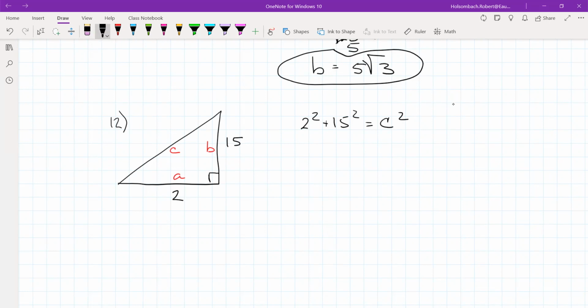So 229 equals C squared. We're going to find the square root of each side. So the square root of C squared equals C.